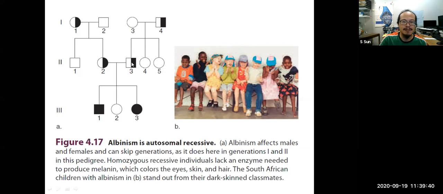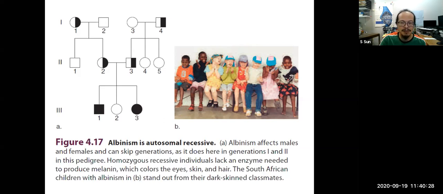And if he marries another person who also comes from this tree and carries the albinism recessive gene, then they do have the chance to have a recessive homozygous kid. This also shows that if the marriage is between relatives, meaning this recessive gene already has higher concentration in this family, it's very likely that the recessive gene will become visible, become the phenotype in their kids.